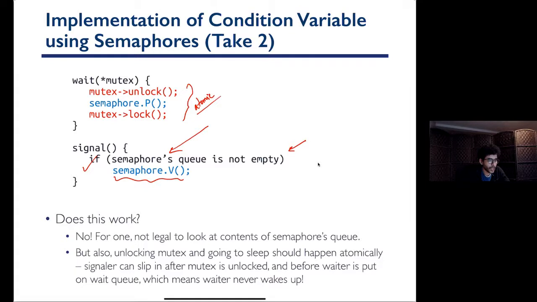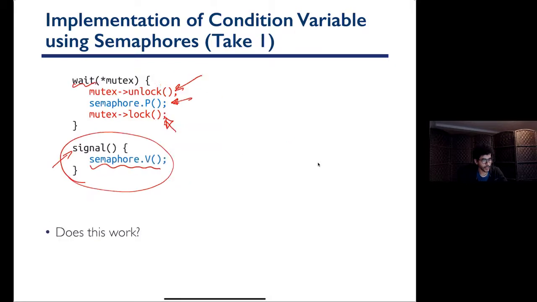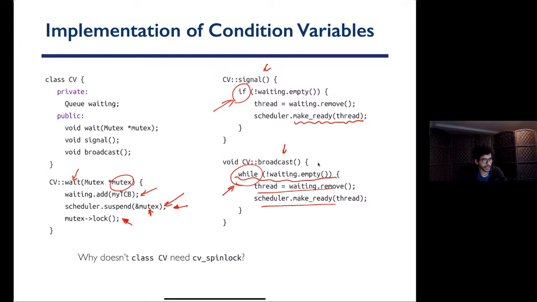So the lock is released, and then P is going to be called to put things to sleep. And if you remember, I said that this has to be implemented atomically, but this implementation doesn't have it atomically. It was atomic in this one.